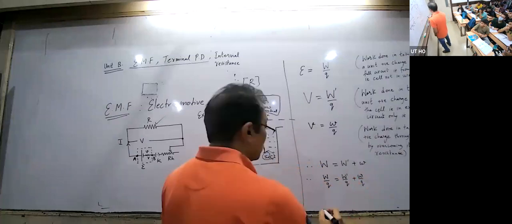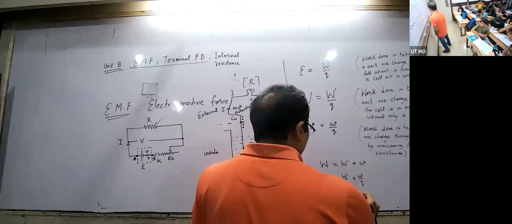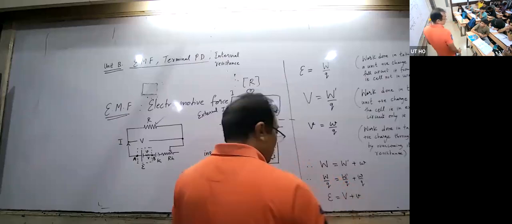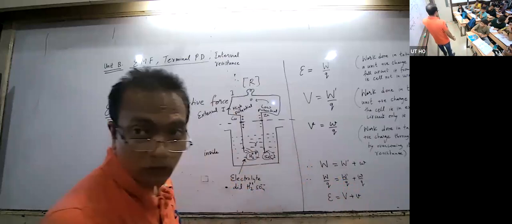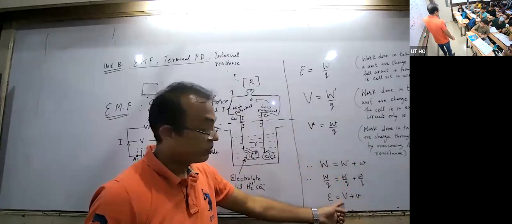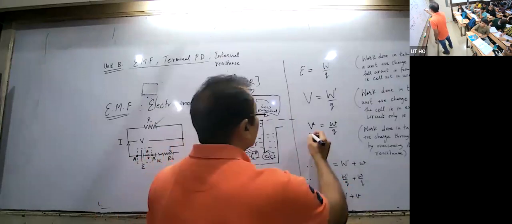Therefore EMF is equal to terminal potential difference plus potential drop. This small v is denoted as the potential drop inside the cell.